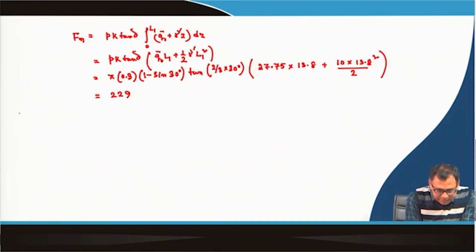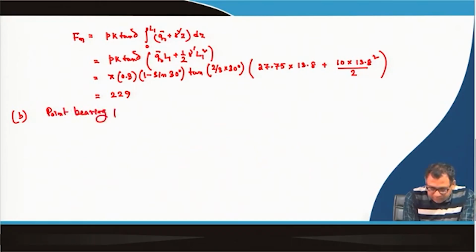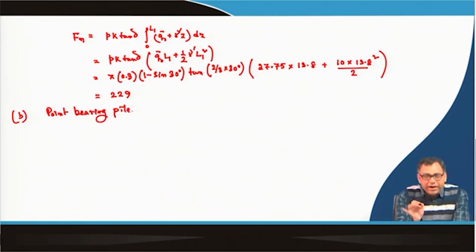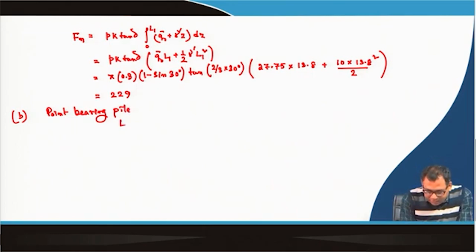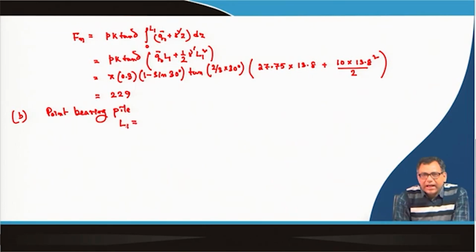So, now for the case B, which is for the point bearing pile, L1 is taken as the tip of the pile.